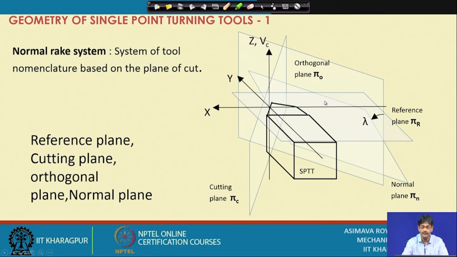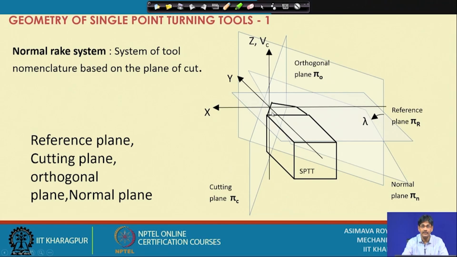But instead of being perpendicular to the cutting plane, if we have a plane perpendicular to the cutting edge, it will be inclined from the orthogonal plane by the angle lambda, or inclination angle. It is as if we are simply taking hold of the orthogonal plane and rotating it through lambda, so that it becomes perpendicular to the cutting edge.